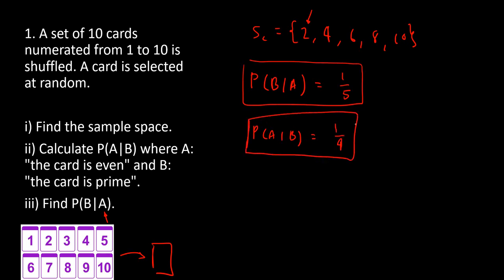So this alone proves to you that in general, the probability of A given B is not going to be the same as the probability of B given A. In general, they may be the same, but in general they're not. Okay, guys.